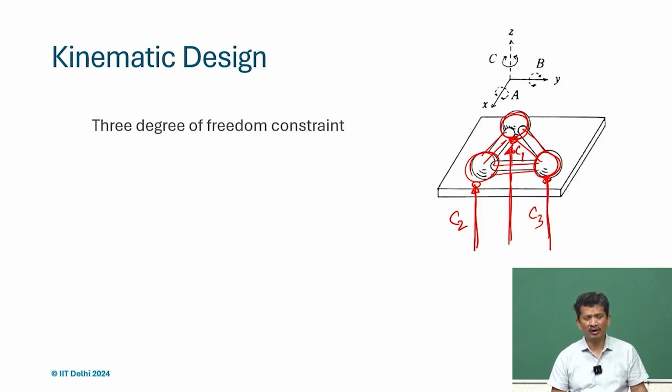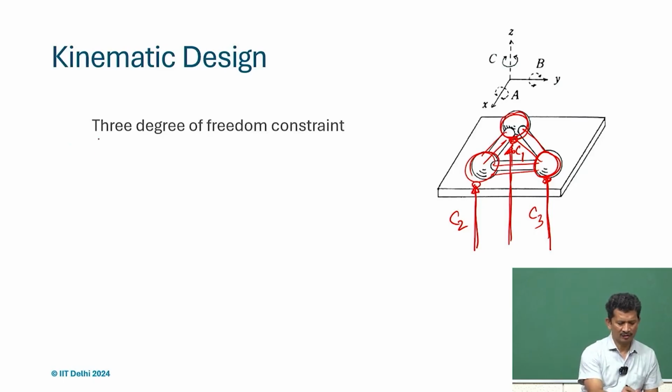So, now there are 3 parallel constraints, and one has to remember that if they are in a line, then we have a difficulty. But the moment they are placed elsewhere and they do not fall on the same line, then we have 3 constraints.